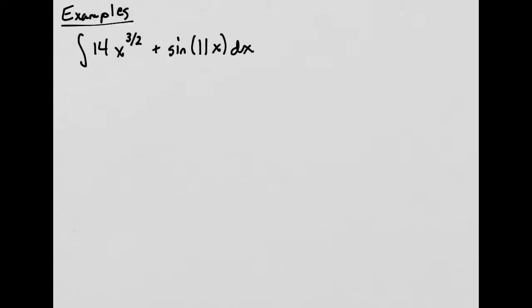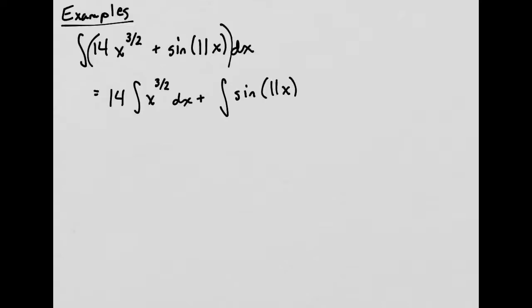First, all those properties we learned from the last lesson about integrals, about how you can split them up over plus signs and you can pull out constants, are all still true. So you can rewrite this as 14 times the integral of x to the 3 halves dx plus the integral of sine of 11x dx. You can split it over plus and minus signs and pull out constants.